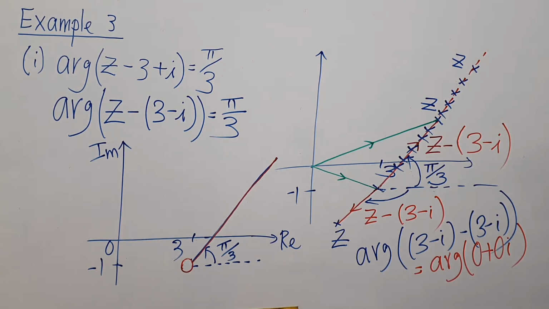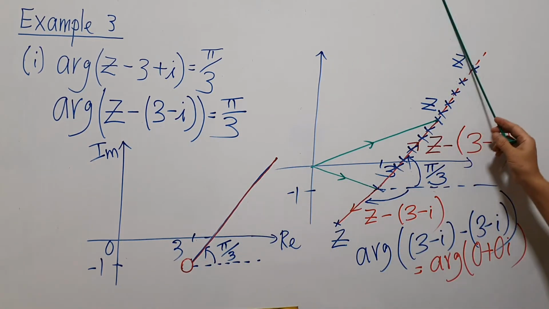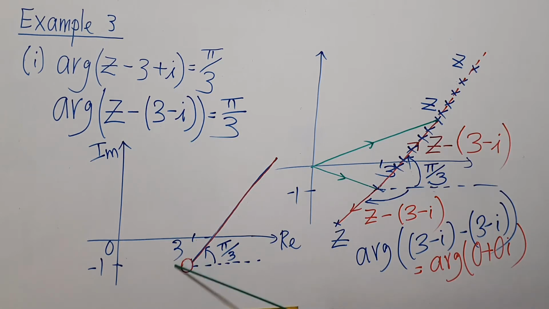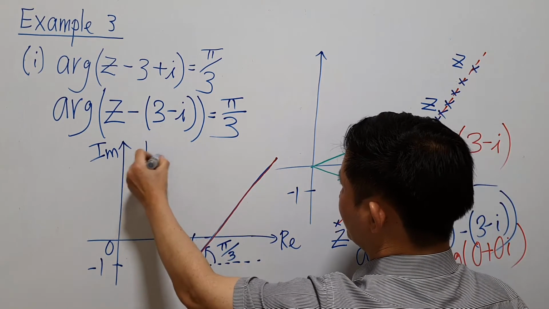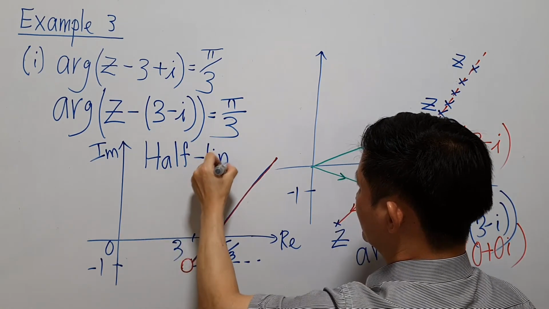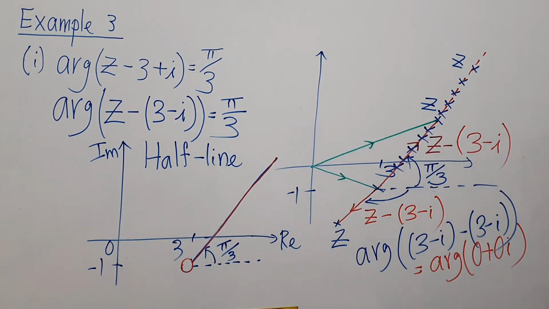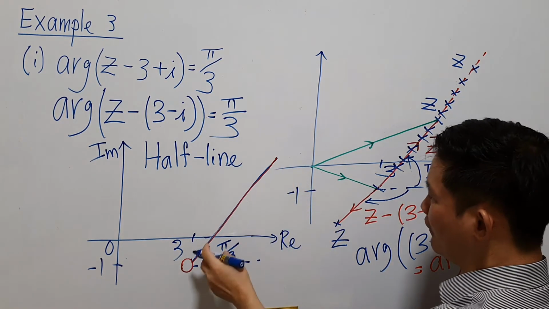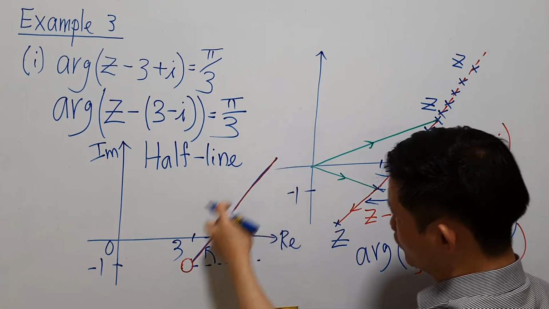So what you have here is actually a line that goes on forever here, but it actually terminates over there. Such a structure is called a half line. So the locus of points that satisfy this equation is actually a half line. Why half line? A full line goes all the way through.